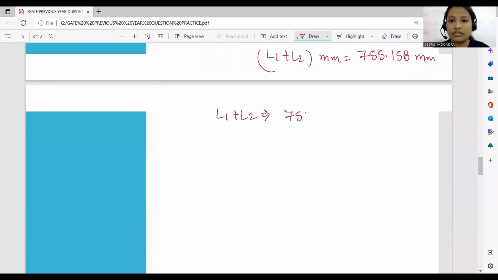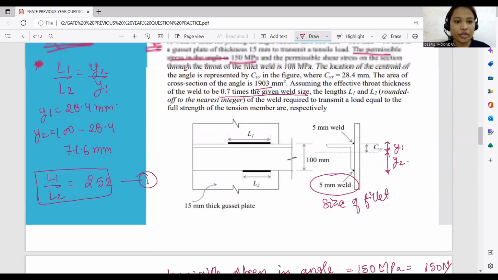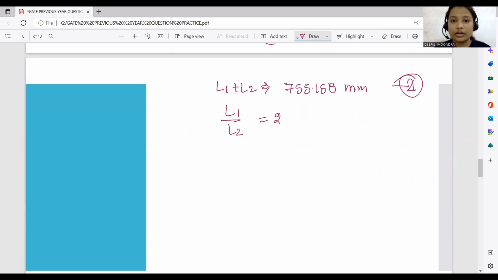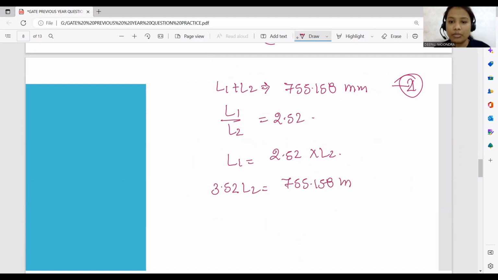Now we have this 755.158 mm and one more equation. This is the second equation. What is the first equation? L1 by L2 is 2.52, so L1 will be 2.52 into L2. So 3.52 times L2 is 755.158 mm.